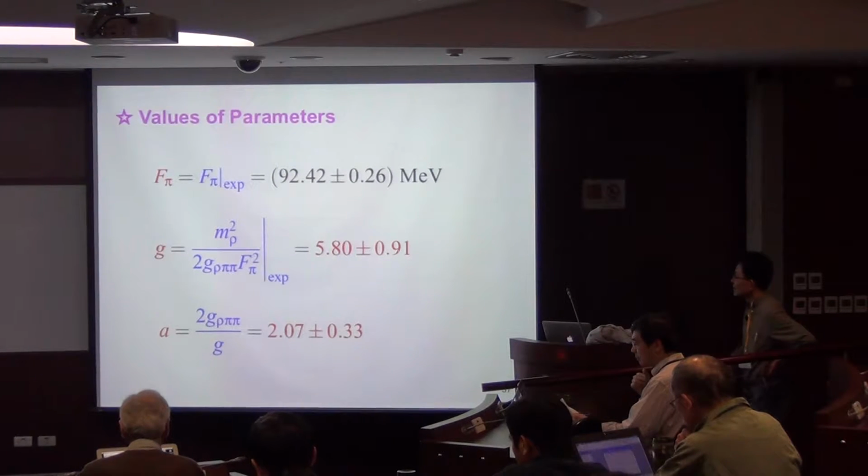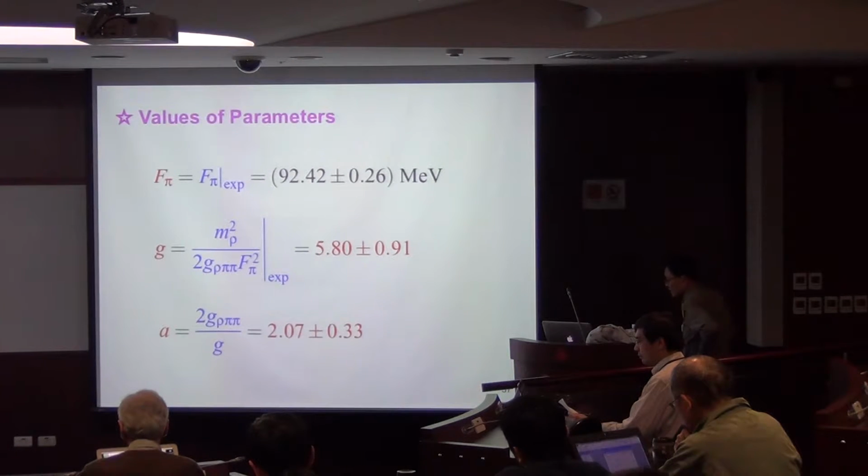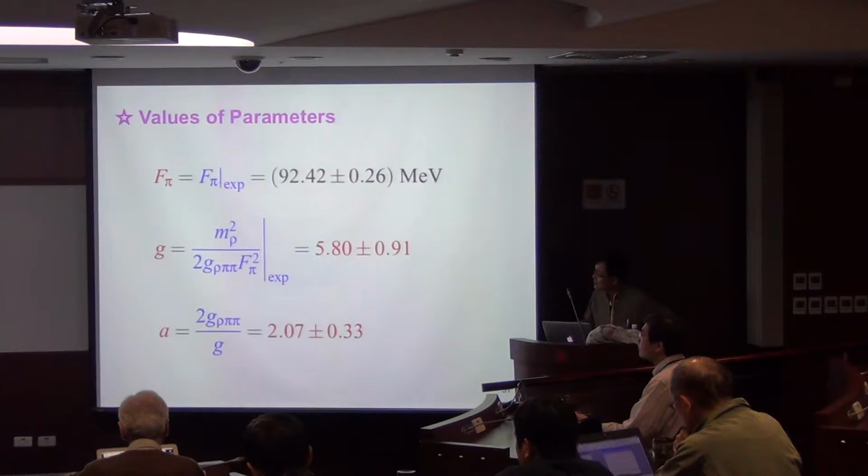This is the value, and then I put a 15% error, as I said we can expect. Then for parameter a, I use this formula using this value, and it is determined to be 2.07. Again, I put a 50% error.